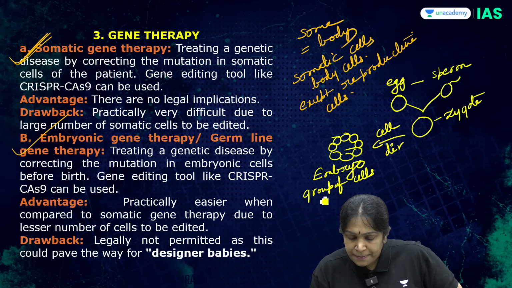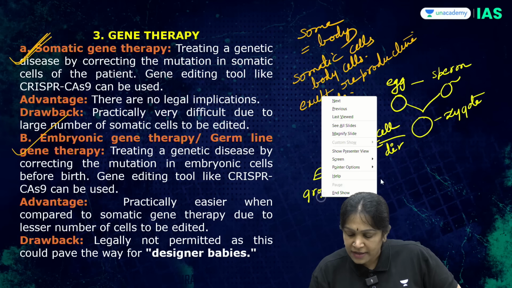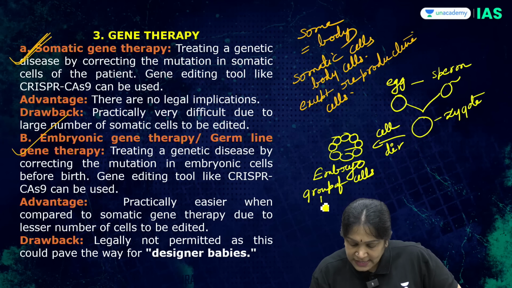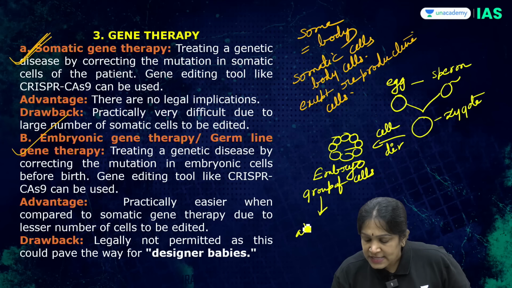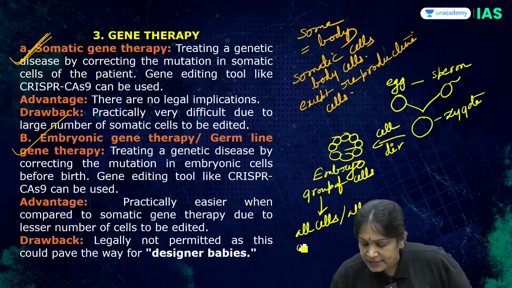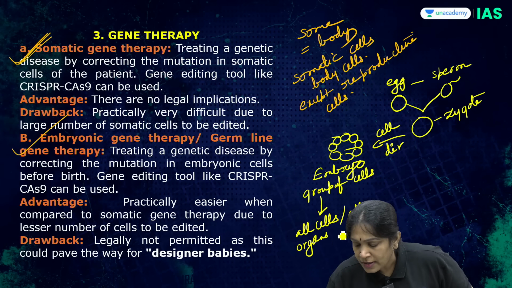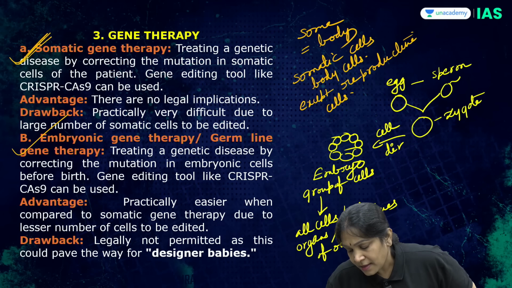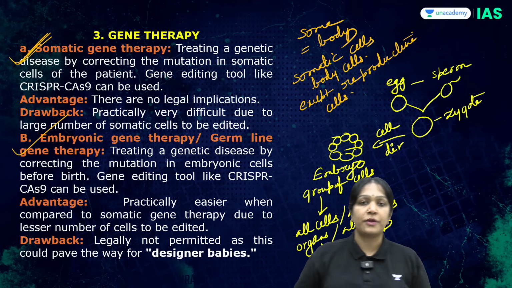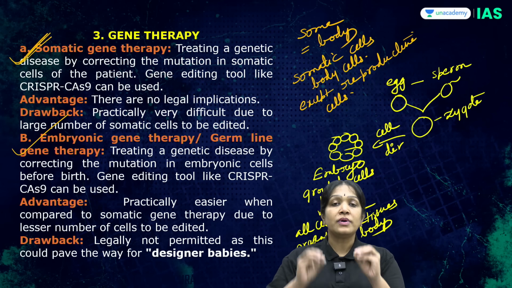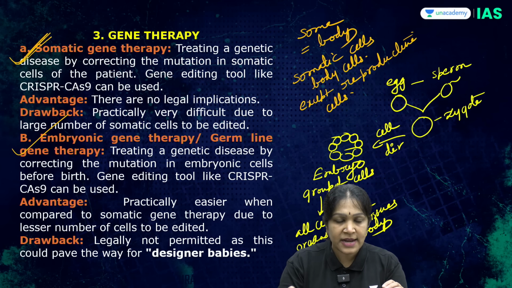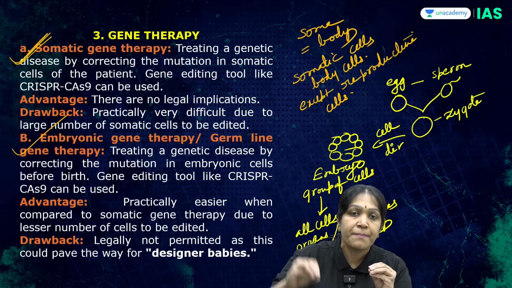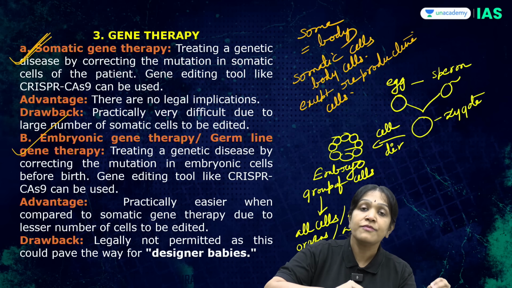And from this embryo itself, all cells of our body, all organs and all tissues of our body are formed from the embryo. So, if you delete the mutated gene and add the correct gene in the embryonic cells, then what happens?